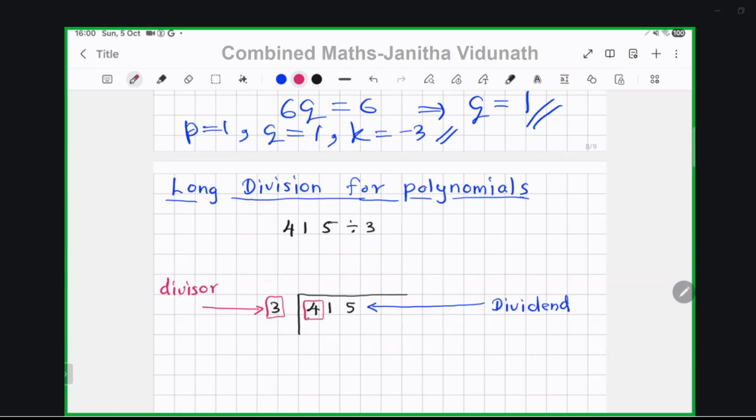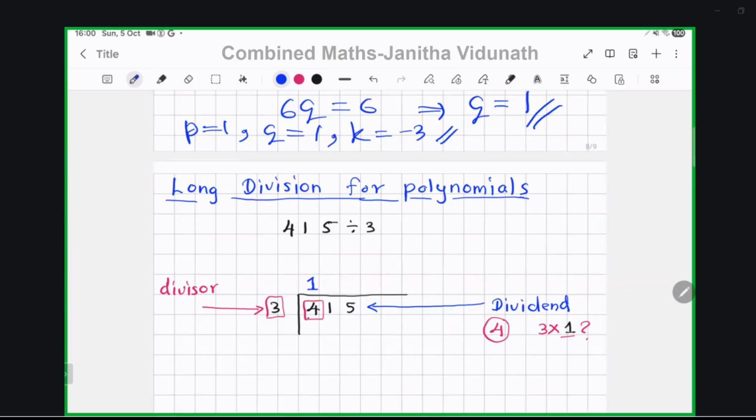Then we try to find how many threes are inside the 4. We can fit only one 3. Then the answer we write down here, on the upside of the division mark.